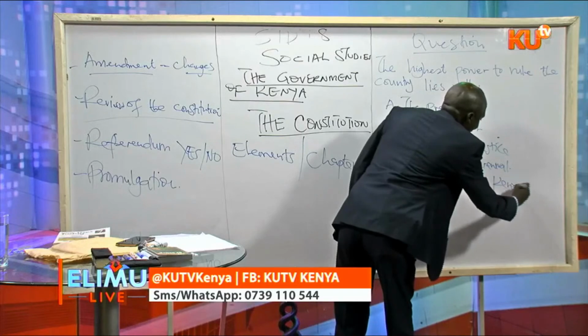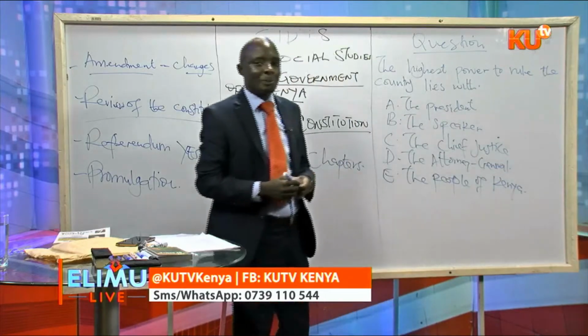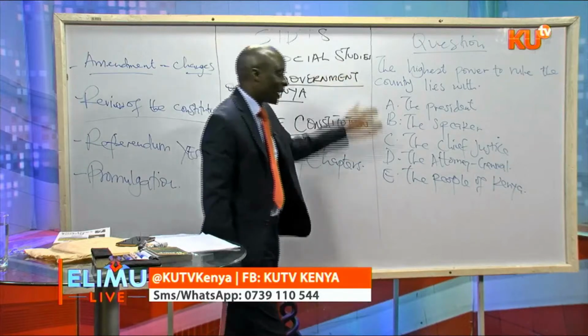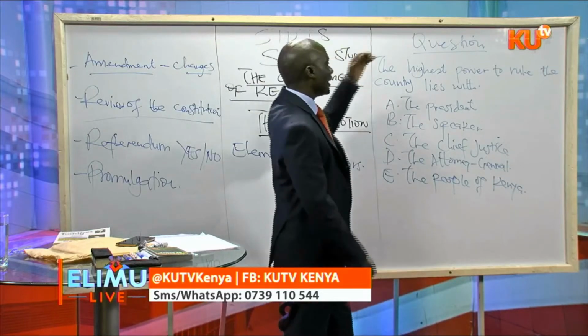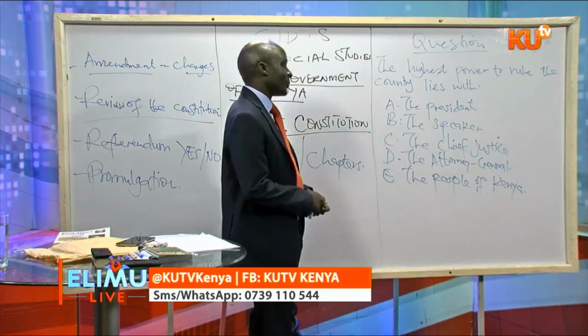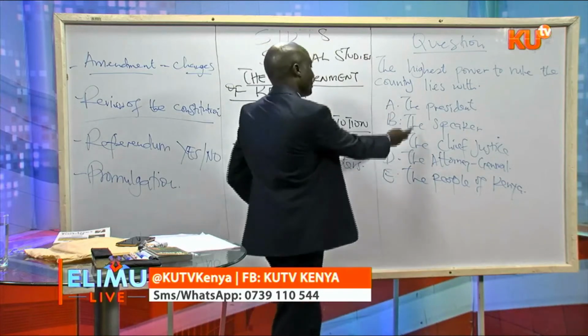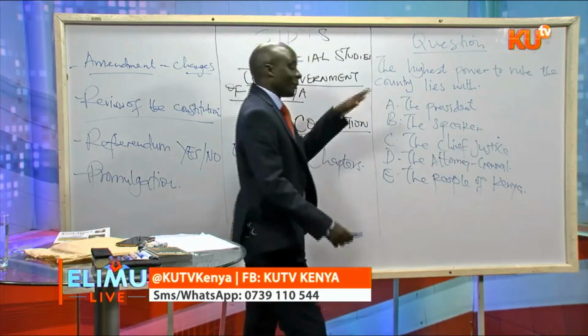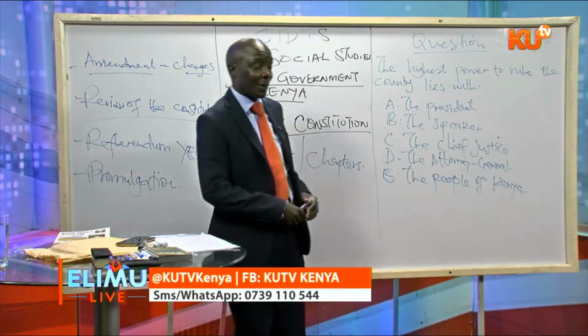Remember, this is not a real KCPE question, which has 4 options, but this one has 5. The highest power to rule the country lies with the president, the speaker, the chief justice, the attorney general, or the people of Kenya. So we have 5 answers there, and from there you can give me one correct answer.